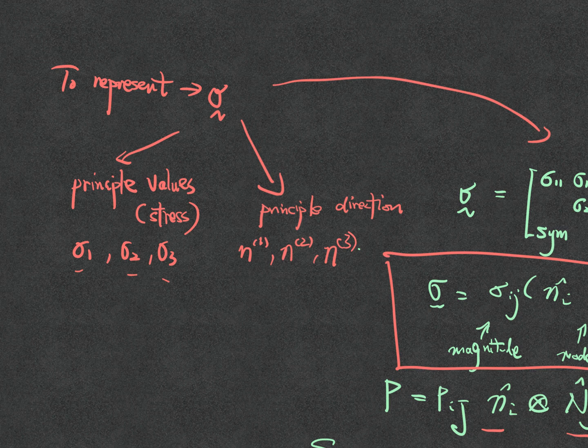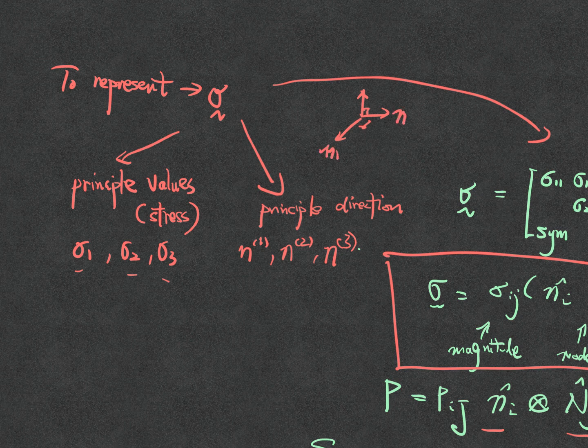Does that make sense? And they have a very specific property. Those N1, N2, N3 are orthogonal to each other. So what does it mean to be orthogonal to each other? It means that they are 90 degrees apart, and the 90 degrees are separated in different dimensions, okay?